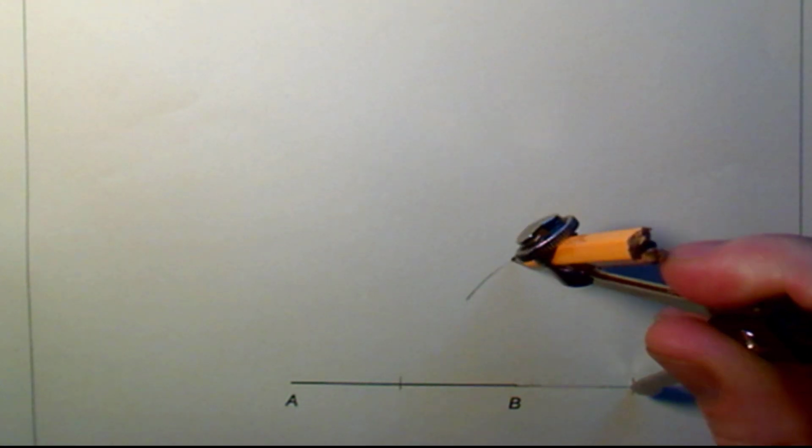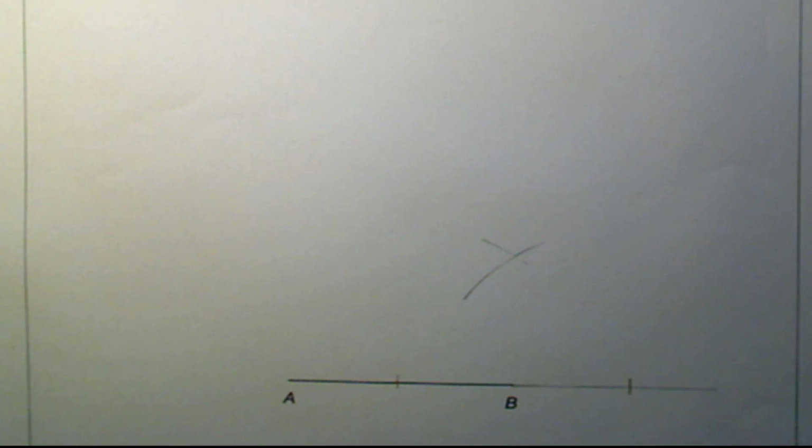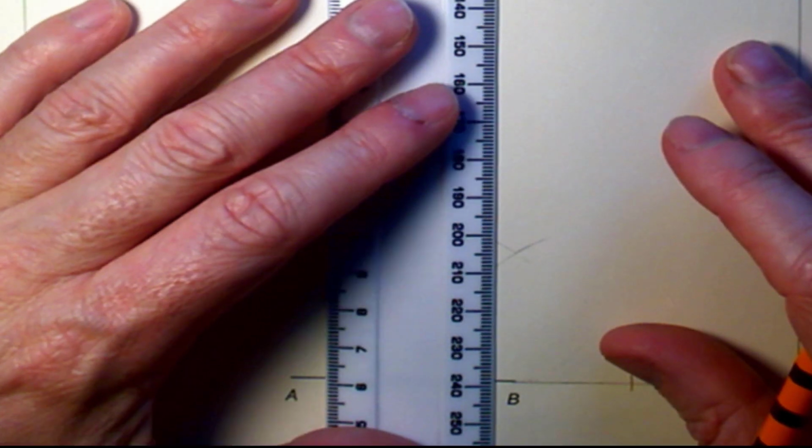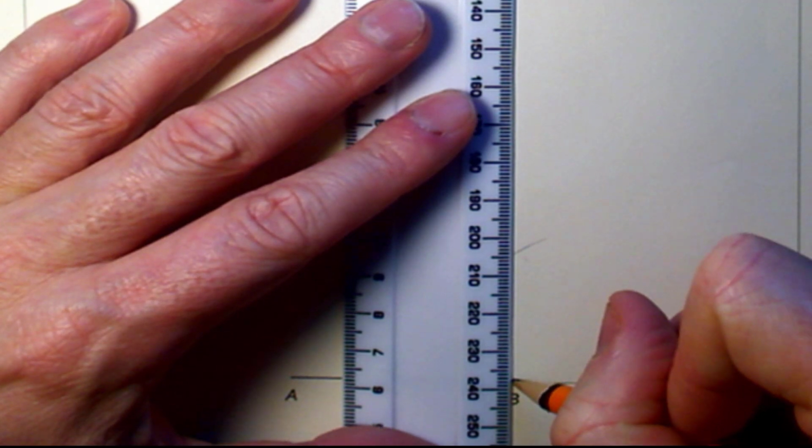And then put it in one of your marks from before. Draw a short arc above B. Switch to your other mark and draw a second arc so it crosses your first. You can now draw a line from B going up, and this line will be 90 degrees from the line AB.